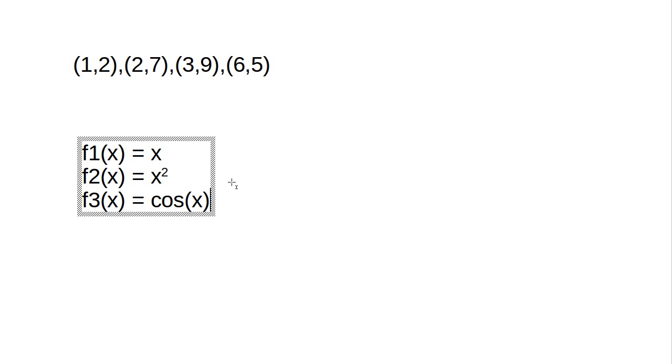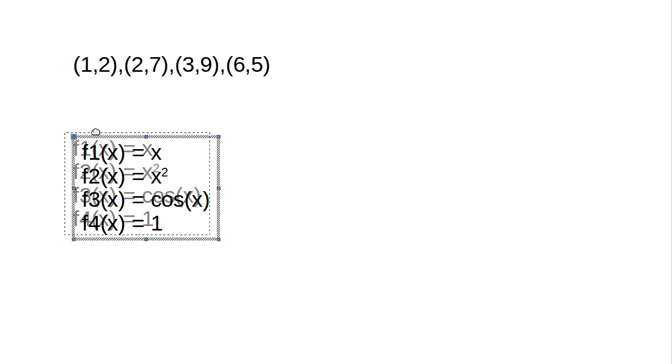These can be whatever functions you want. They don't have to be polynomials. A lot of times you do this with polynomials. And actually a very important possibility here is 1. So if you use 1 and various powers of x, so x squared, x cubed, etc., you're doing a polynomial fit. But this technique is not limited to polynomial fits.